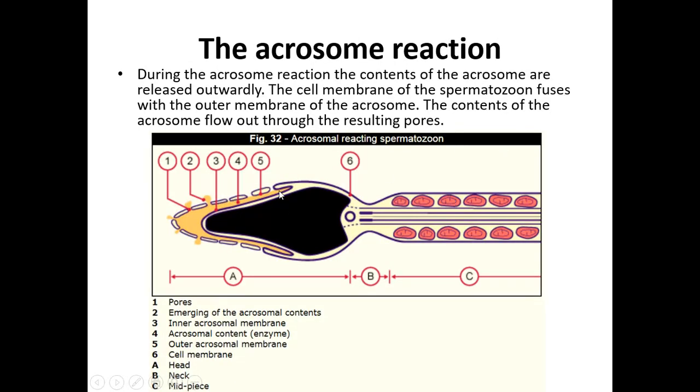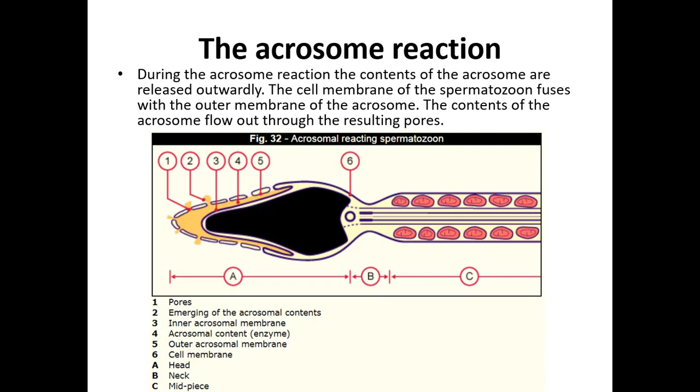So what is an acrosome reaction? I remind you, the acrosome is a sac-like cavity filled with acrosomal enzymes. They are proteolytic enzymes which definitely destroy the zona pellucida. So we need to drill it out, we need to penetrate the sperm inside the zona pellucida. That's the main function of the acrosome.